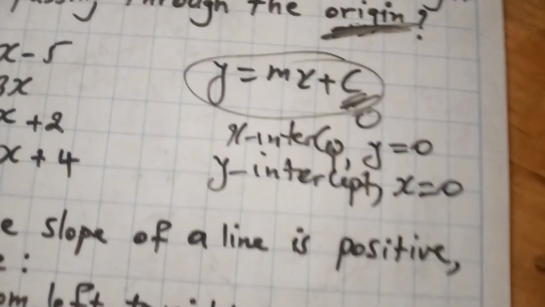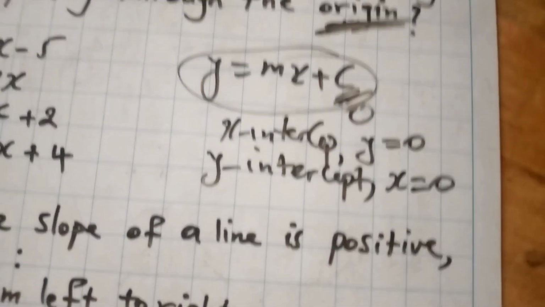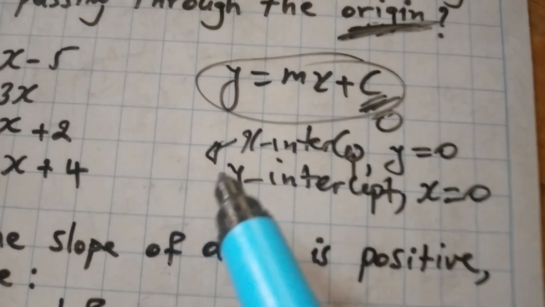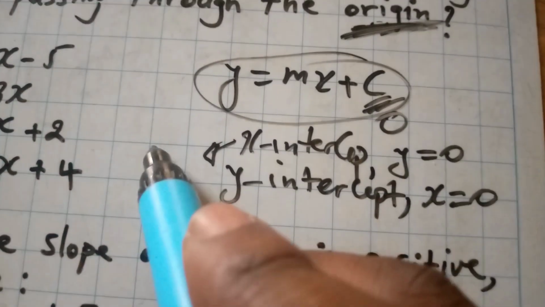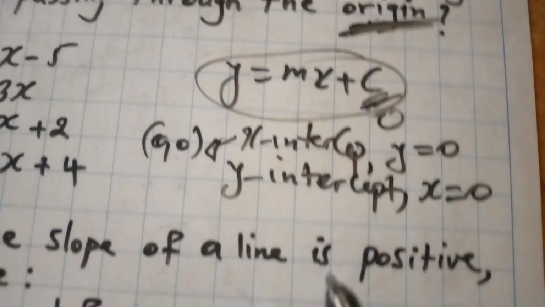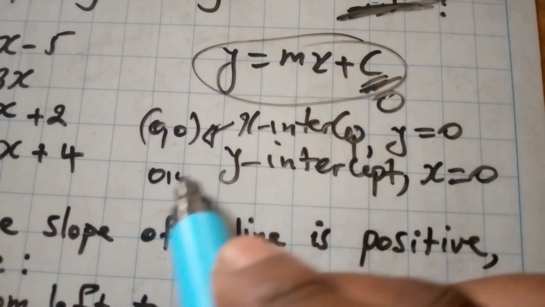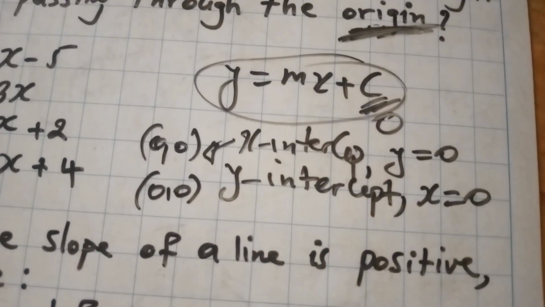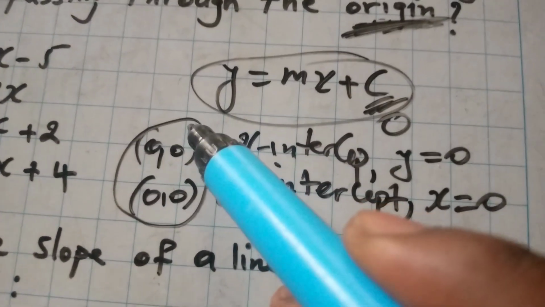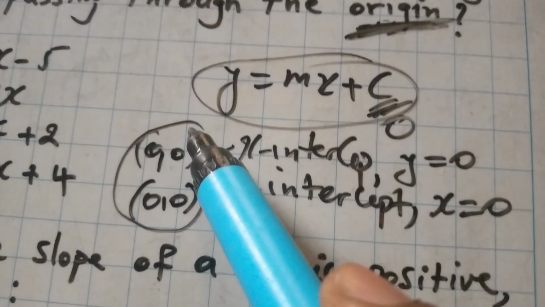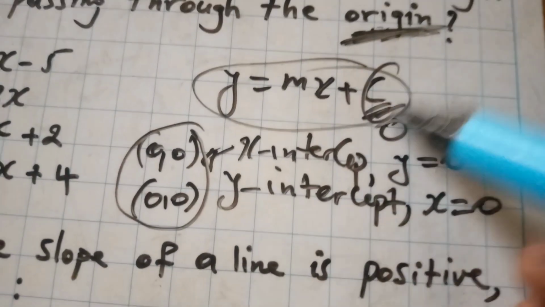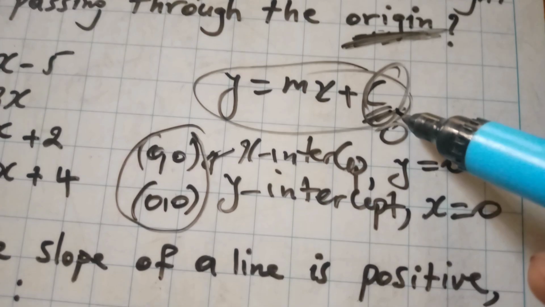The line will pass through the origin when both intercepts are at the point 0, 0. This will happen only when c is 0, right?